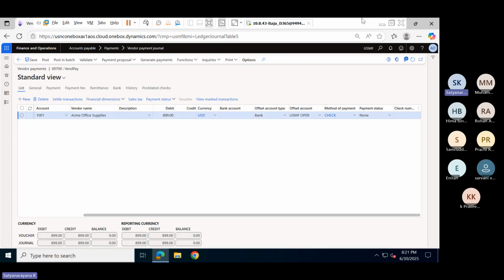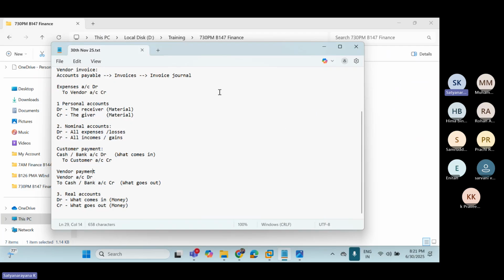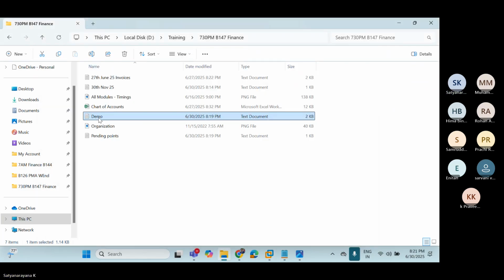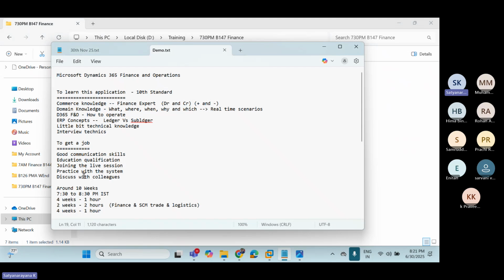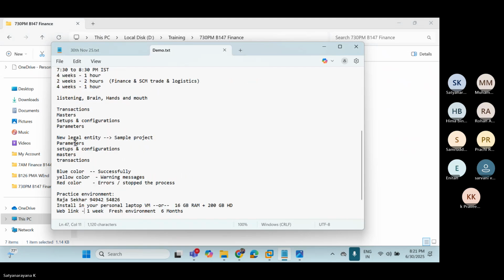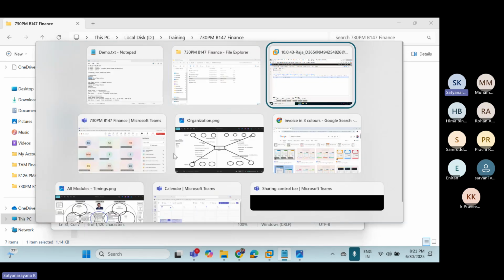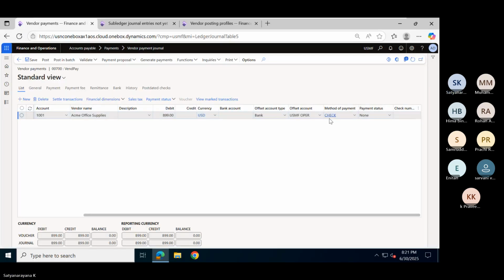Whenever I told you about the training in the demo, I said first I will explain transactions, then masters and setups. Now setups are also very important. This method of payment is a setup.